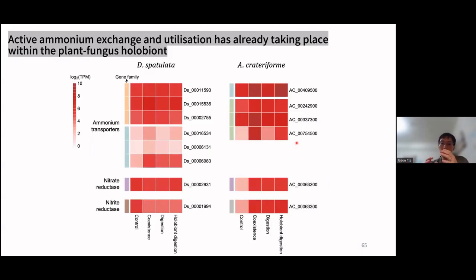And when we talk about carnivorous plants, we have to talk about nitrogen assimilation. One key observation is the active exchange and utilization of ammonium between Drosera and Aquodontium. The upregulation of all these nitrogen-utilizing pathways was observed already in the coexistence phase, before the insects were introduced.